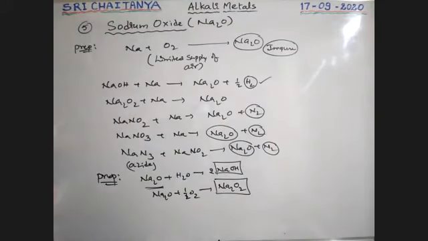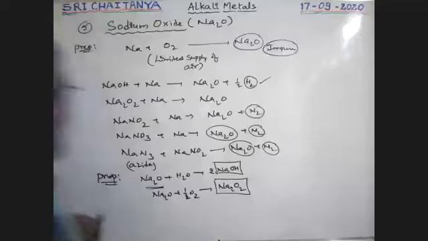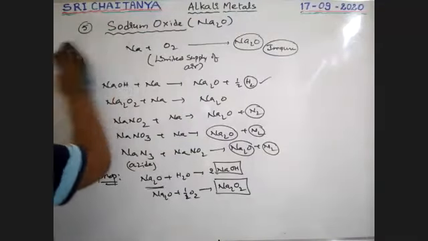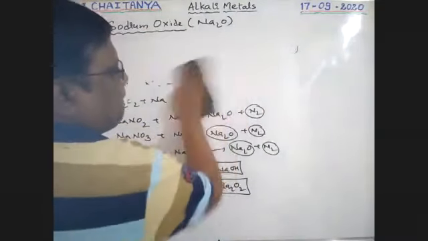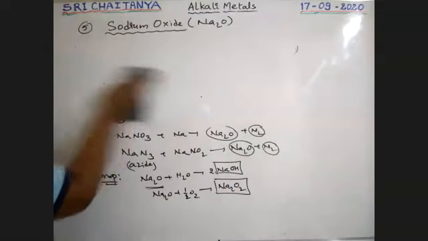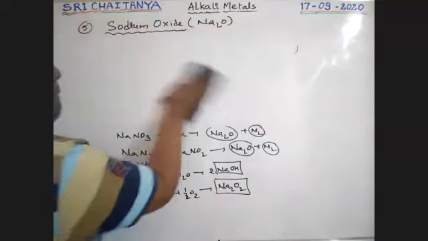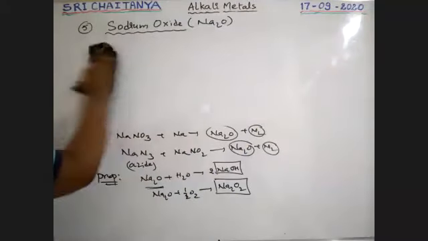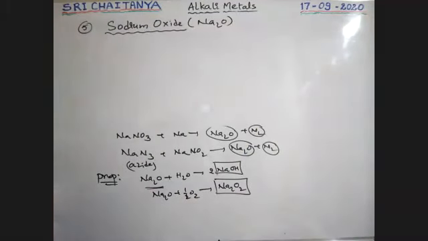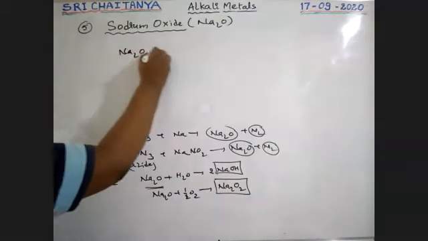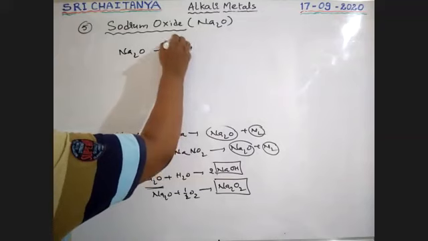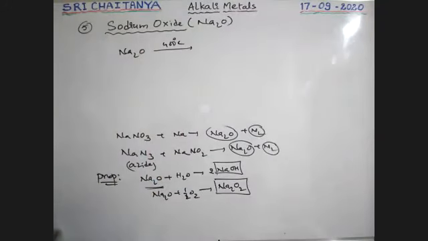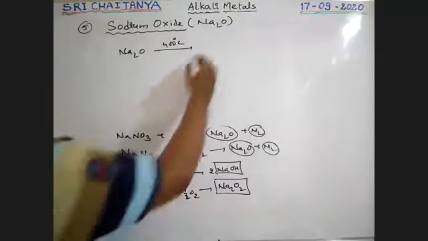Next, when sodium oxide is heated up to 400 degrees centigrade, that gives sodium peroxide and sodium.